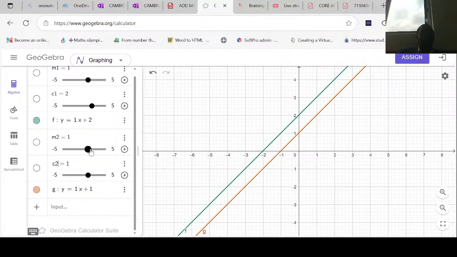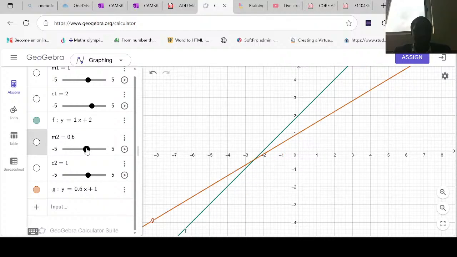Okay. So what happens if the two values of m1 and m2 are the same? What do you observe about the line? There are two lines now. We want to do a comparison so that we can now state those conditions. That is very important. So now if I change m2 to, let's say, 2, I can even move the slider if I like.